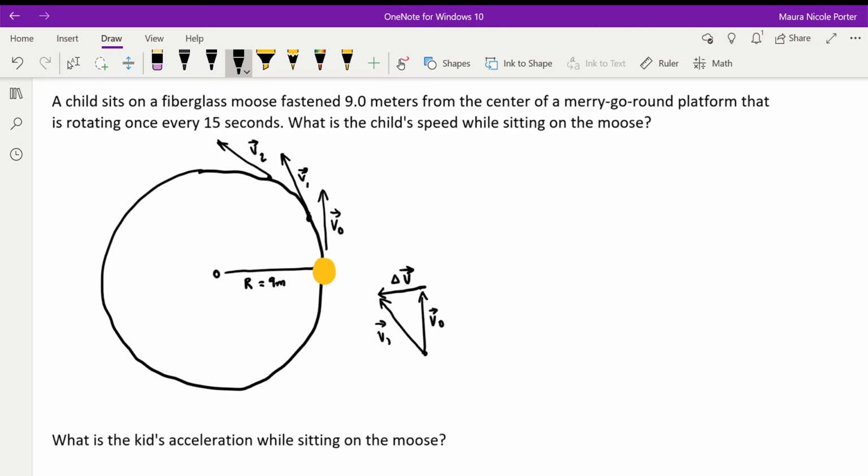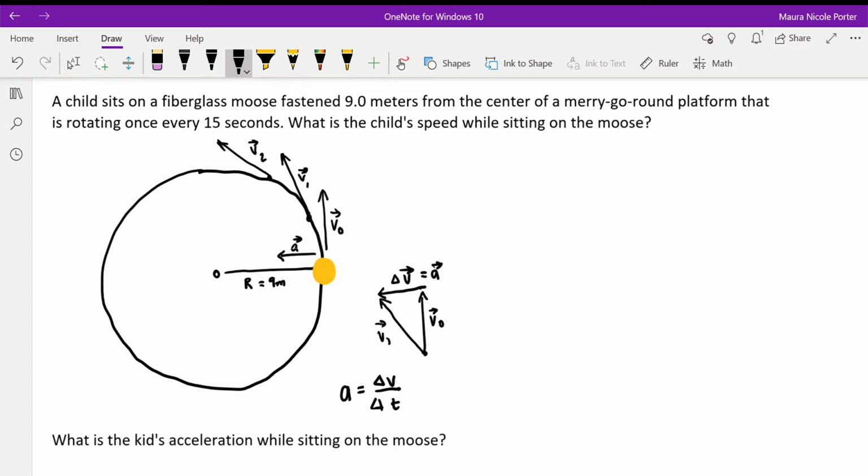And the reason that's important is because acceleration is the change in velocity over the change in time. So this is essentially our acceleration vector. And what that would mean is that for v0, the acceleration is pointing radially inward.